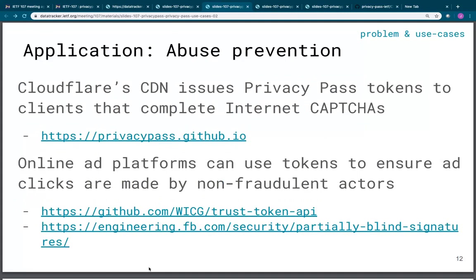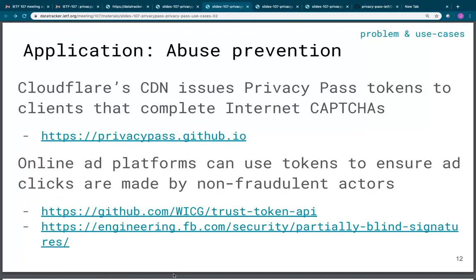Essentially, when a client interacts with Cloudflare and has to perform a CAPTCHA, if they have the Privacypass browser extension installed, Cloudflare will also provide the user with Privacypass tokens. When a user then navigates to other origins behind the Cloudflare CDN, they can provide these tokens and they don't have to complete the CAPTCHAs. And the unlinkable property means that Cloudflare can't map the user's browsing patterns.